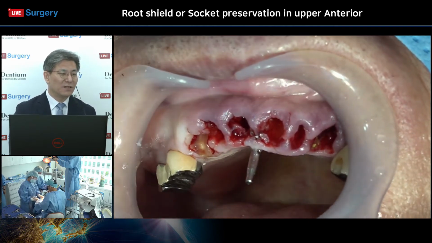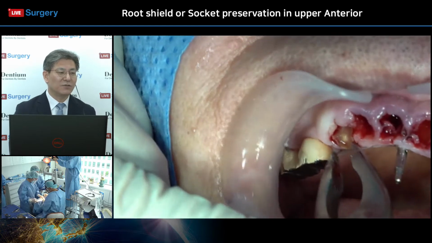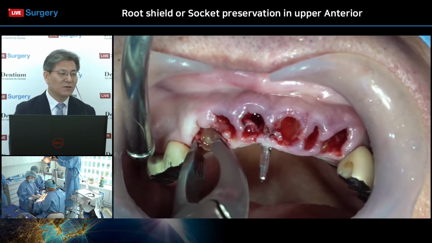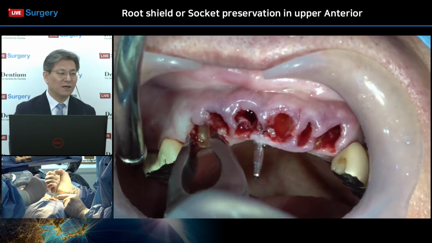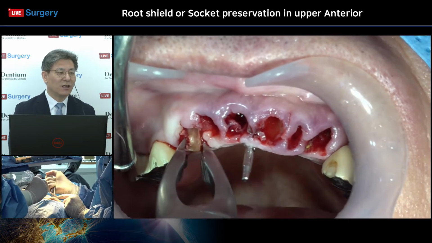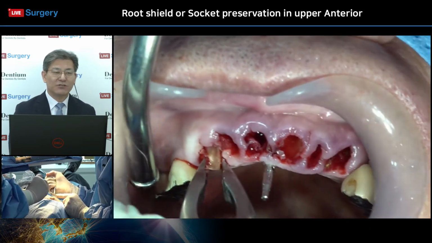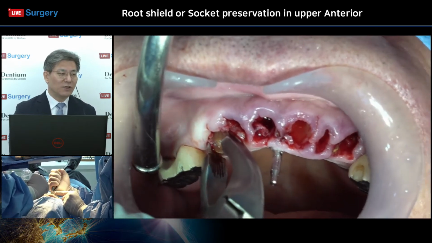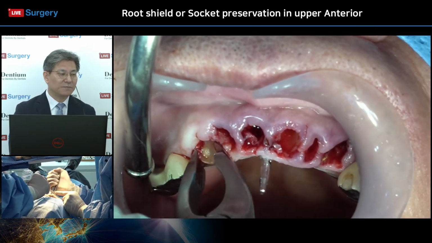So it is very technical, highly sensitive to the technique of the operator. Experienced operators don't matter, but beginners, I strongly recommend you start with a central incisor or lateral incisor first when you learn the socket shield technique.